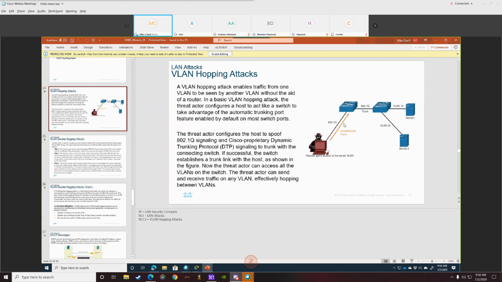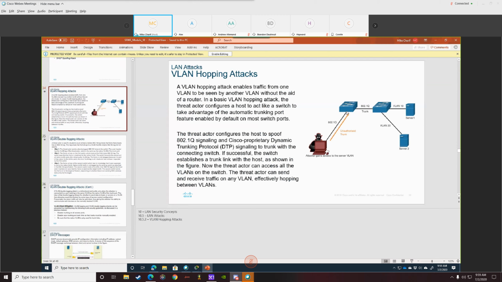And trunk means what? What's the main function of a trunk? It carries traffic for all VLANs. The 802.1Q uses the dynamic trunking protocol, DTP. It is very simple to protect against this: go on the switch that acts as a trunk and don't set it to auto.